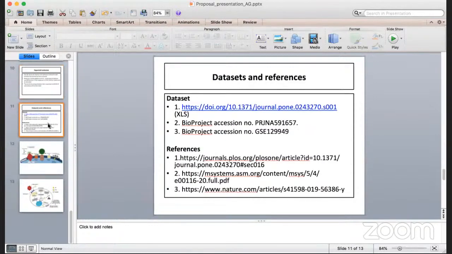So we have data sets from 3 studies. One is looking at the transcriptional profile of children who have been repeatedly infected with malaria.